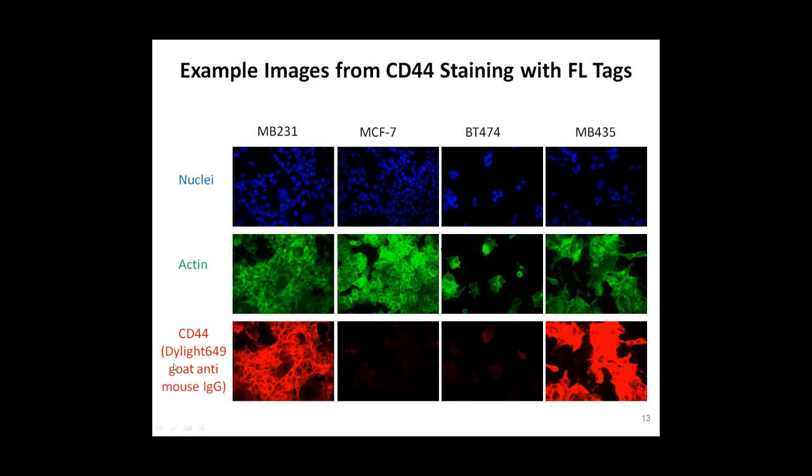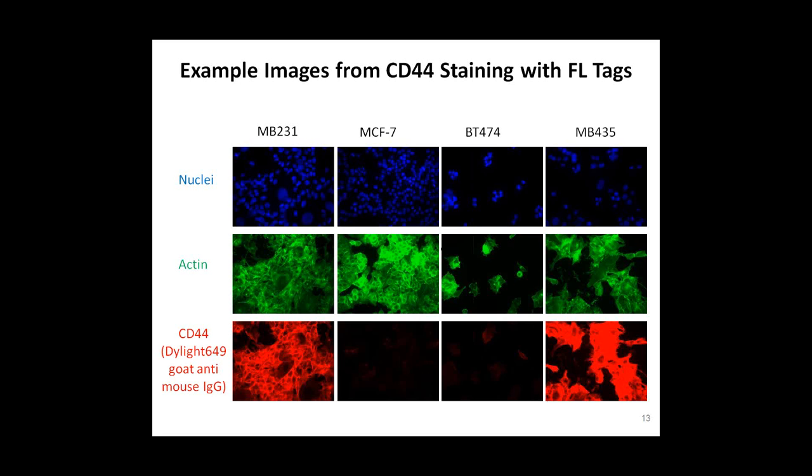For CD44, we're using a DyLight 649 gold anti-mouse IgG antibody. Supposedly, CD44 is positive for the basal subtype, in this case MB231 and MB435, and you can see qualitatively they are expressing. The other two are luminal subtype, and you won't see much signal.